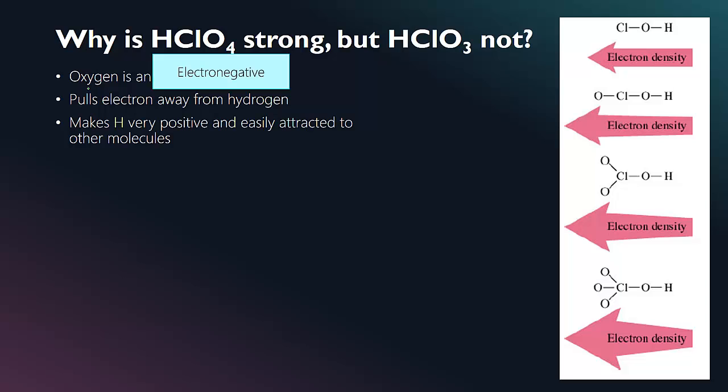So the greater the electron density in the anion, the stronger the acid tends to be. This is why perchloric acid is strong. It has a massive electron density due to the number of oxygens, whereas hypochlorite does not have as strong of an electronegativity pull on the hydrogen's electrons.